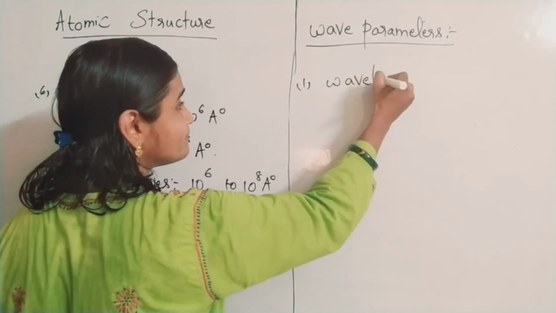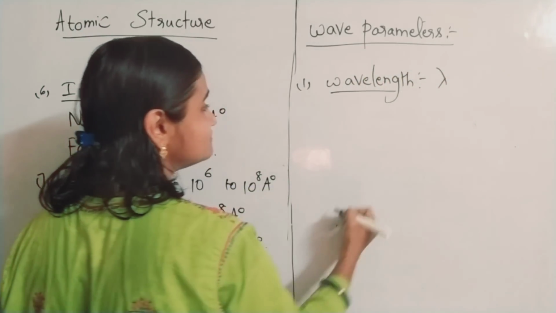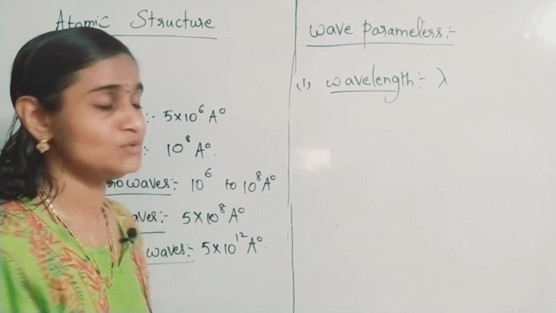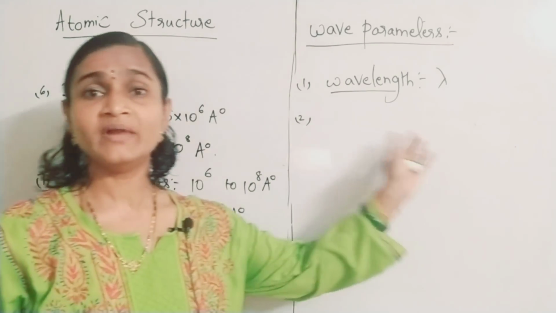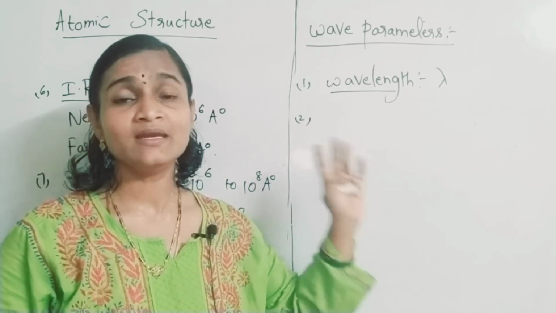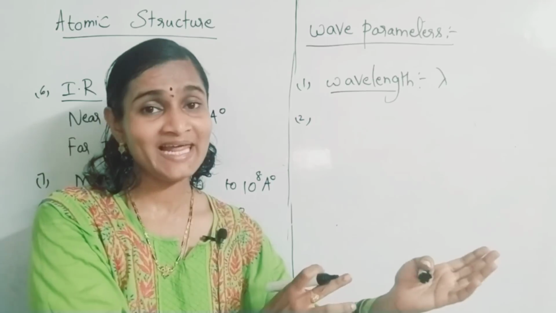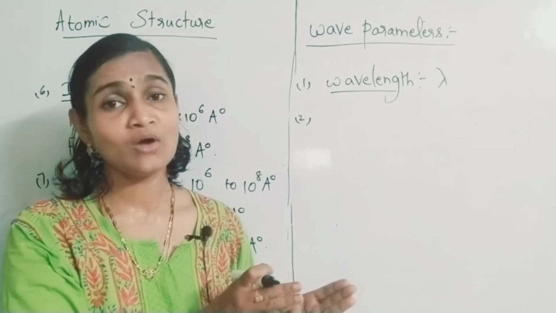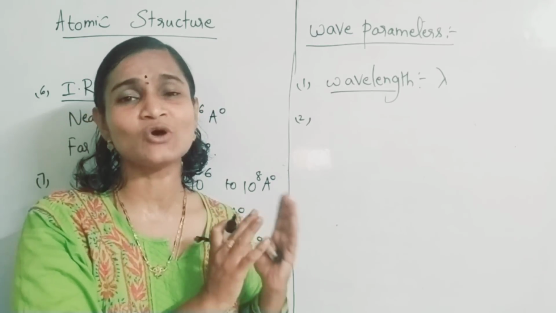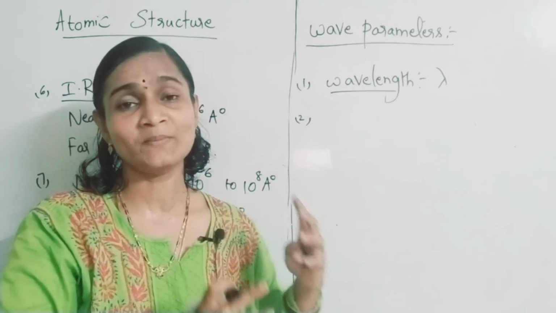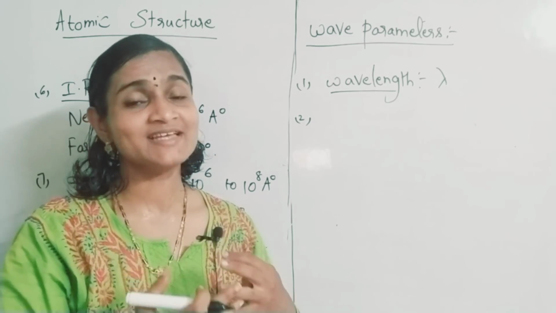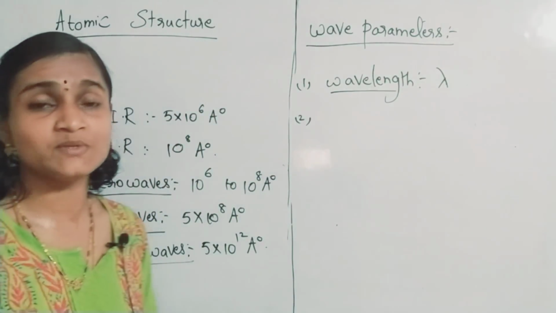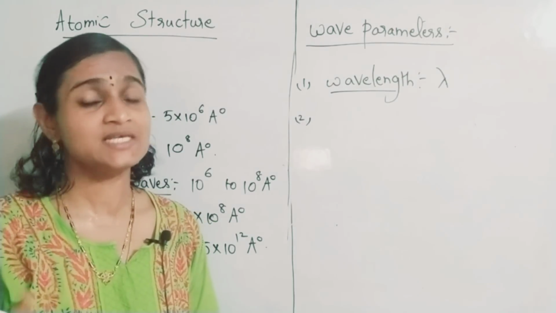First, wavelength, denoted by the symbol lambda: the distance between two consecutive crests or troughs is called wavelength. I'm not writing the definitions in detail, as I already told you; if you want the topics in detail, you can go to the topic-wise playlists on my channel. This is like a crash course, revising the topics needed for EAMCET and other competitive exams.